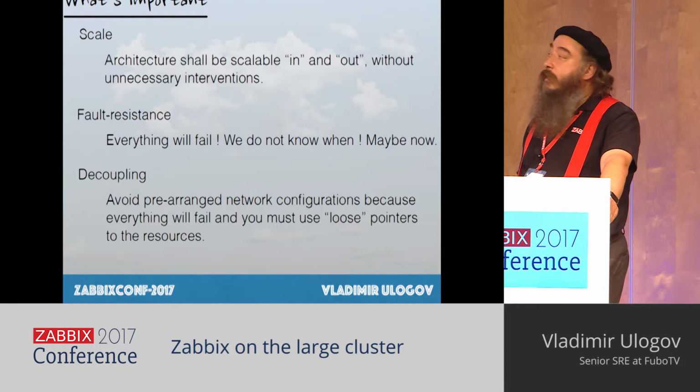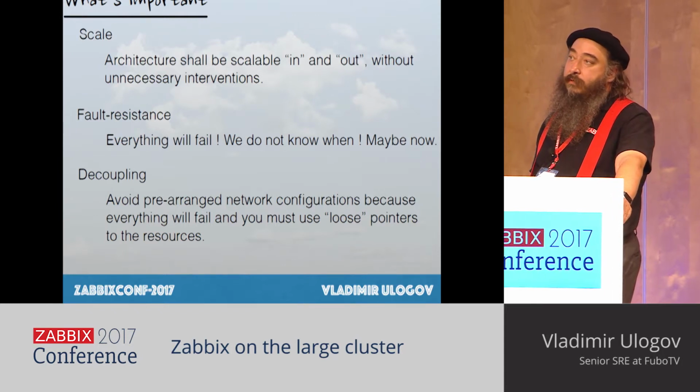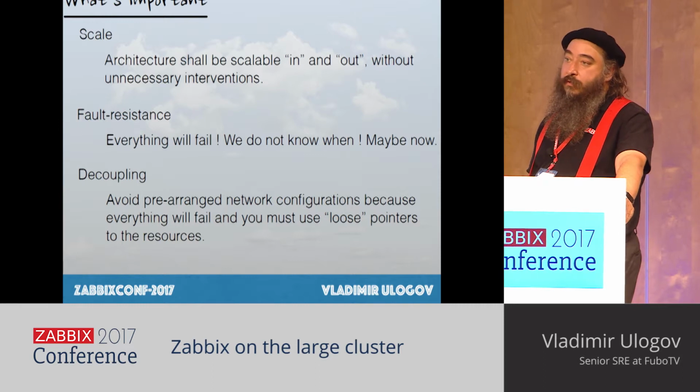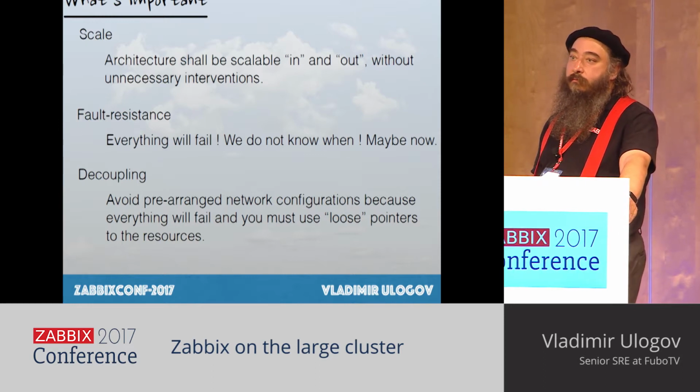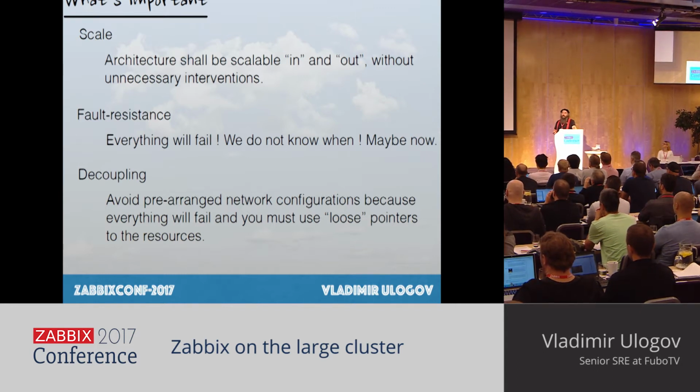So what's important when you deploy your monitoring platform on the cloud? The same as for any other application. Your architecture shall be scalable. This means if you require more resources, you need to scale those resources accordingly without heavy downtimes. Fault resistant.